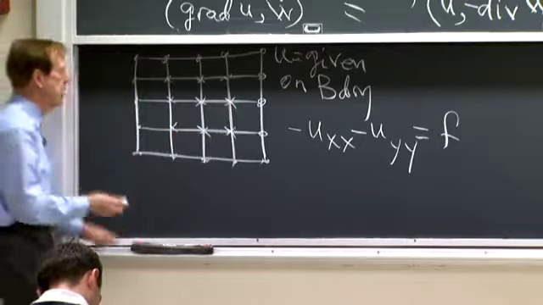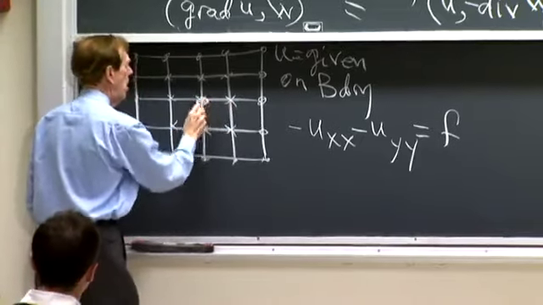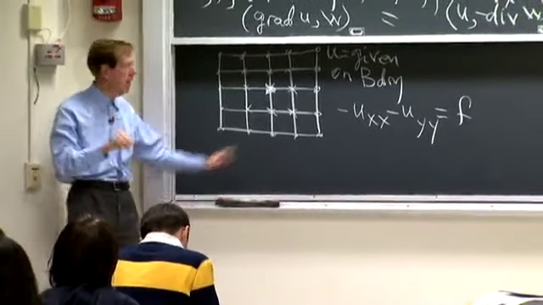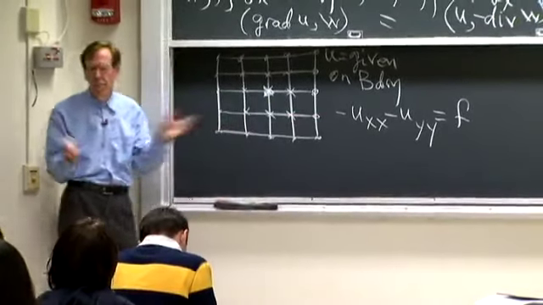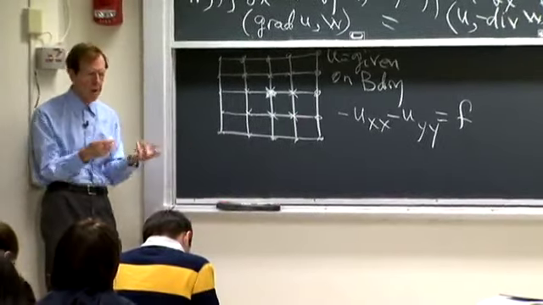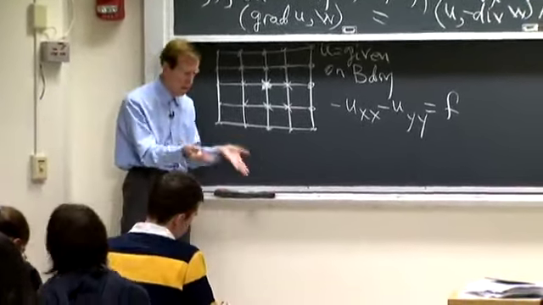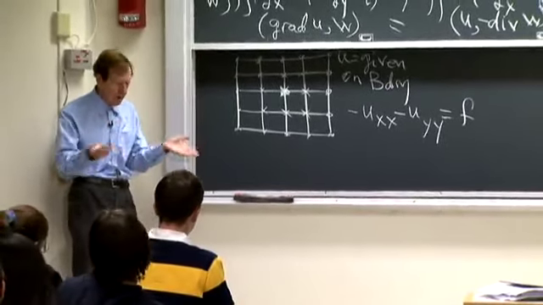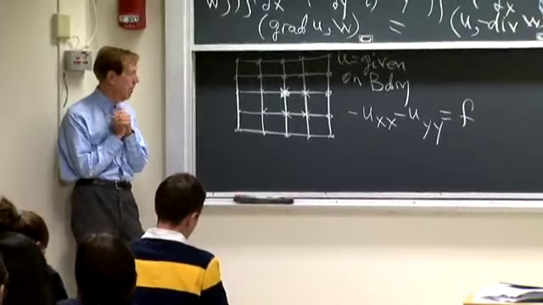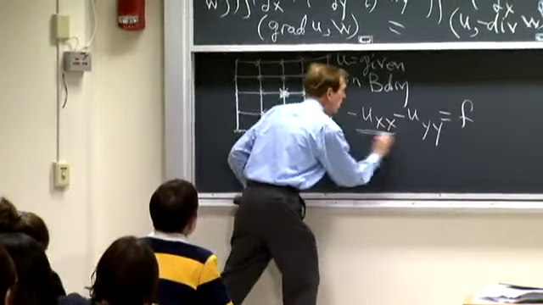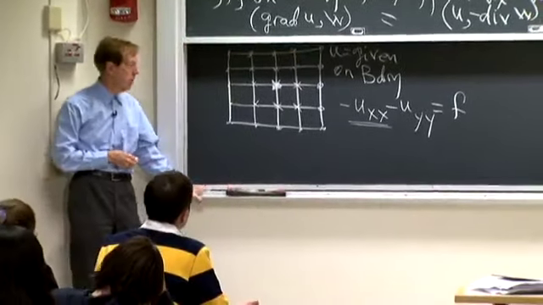So let me take a typical mesh point like this one. I'm looking for the finite difference approximation to the Laplacian. If you give me Laplace's equation and I say, okay, what's a good finite difference approximation that I can then put in the computer and solve, I'm ready to do it. So what should we do for this term?